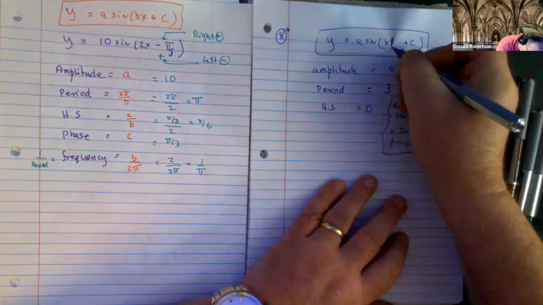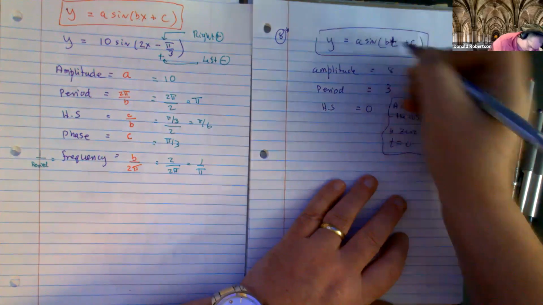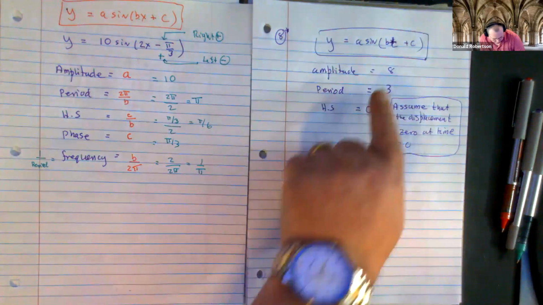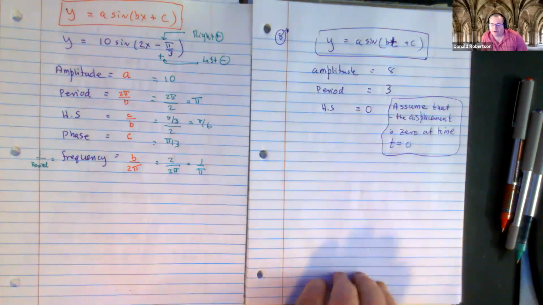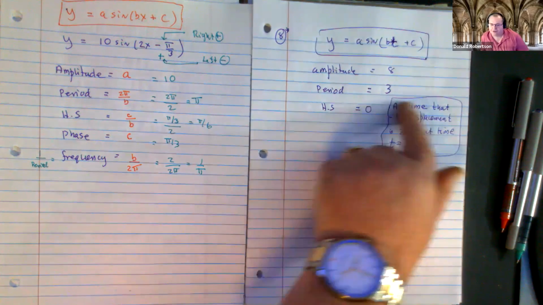So that should be a t. So I know the amplitude, I know the period, and I know the horizontal shift is 0, because of this.